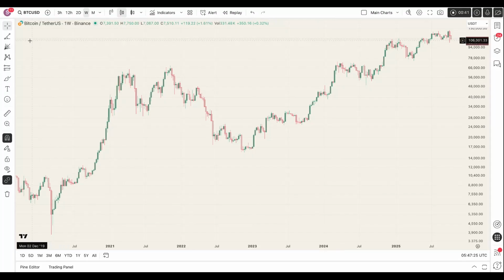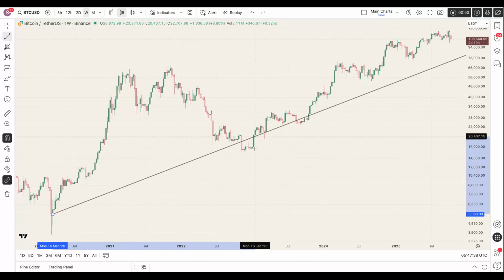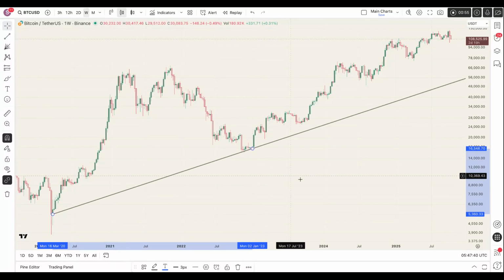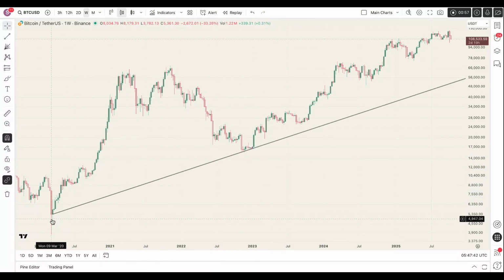So let's go. First, we're gonna prove the theory that any trend line can be a channel. So this is the logarithmic scale on the Bitcoin weekly chart. Here we have the trend line, obvious from the COVID crash to the last bear market bottom.